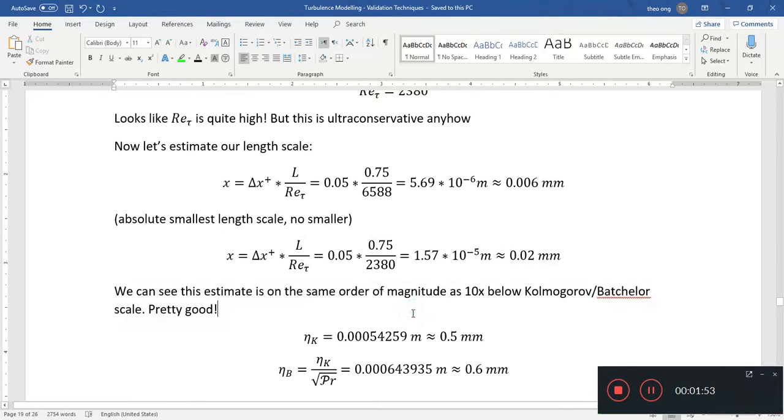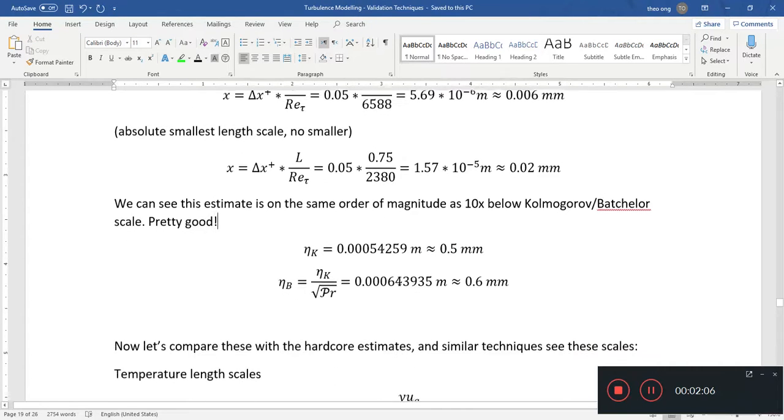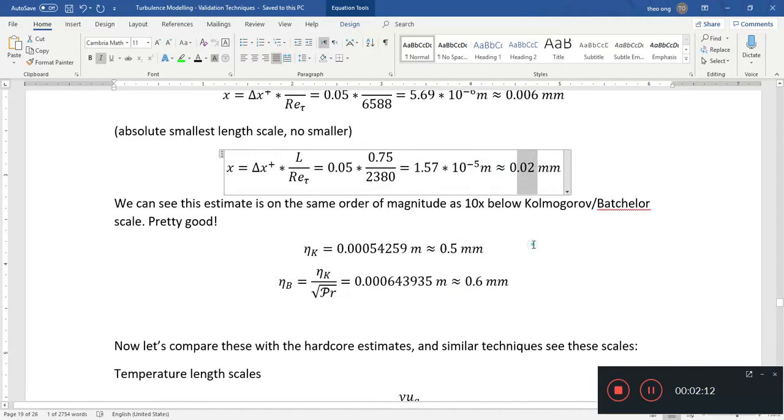We can see this is about 10 times smaller than the Kolmogorov and Batchelor scales. The Kolmogorov scale is about 0.5 mm, the Batchelor scale about 0.6, here's 0.02, so just divide by 10 and you more or less get the ballpark figure. This is a pretty good estimate.